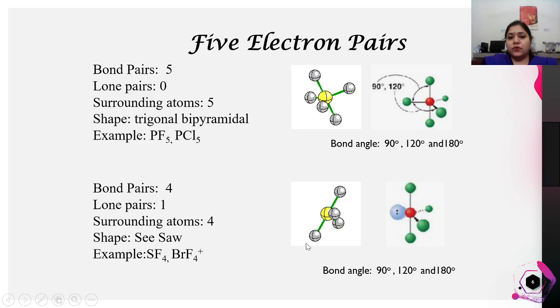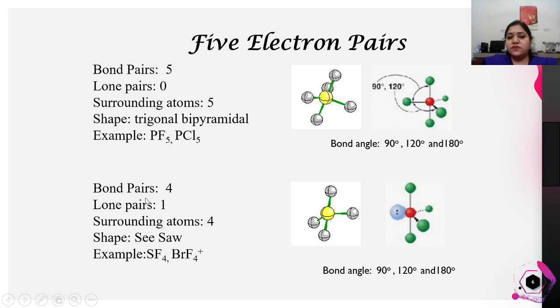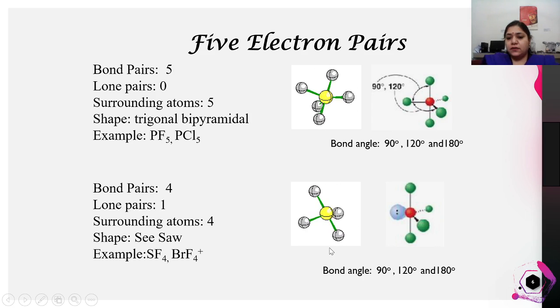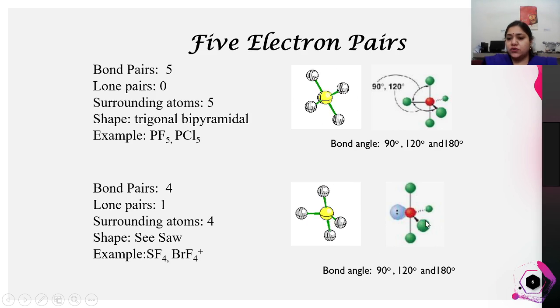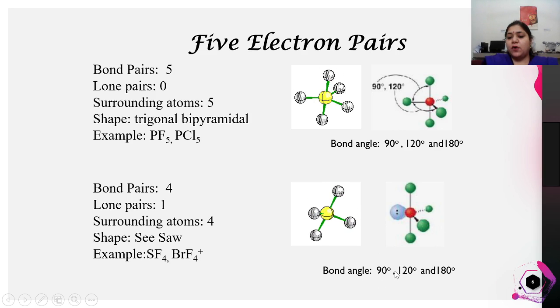Clear? So here if one bond pair is replaced with a lone pair, what happened in that case? One bond pair will be removed. In that case it will form a seesaw structure and the bond angles will be 90, 120 and 180 again.